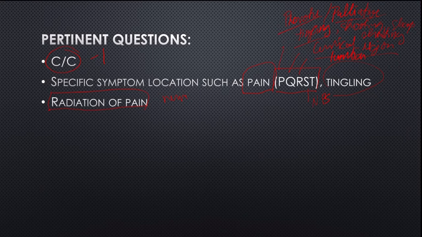There could either be a weakness if it's a motor nerve, or there could be tingling if it's a sensory nerve that is affected. But most likely, it's the combination of the two, motor and sensory. So we should watch out for that. And when you say radiating pain, it starts from one region, then it goes to a different region.